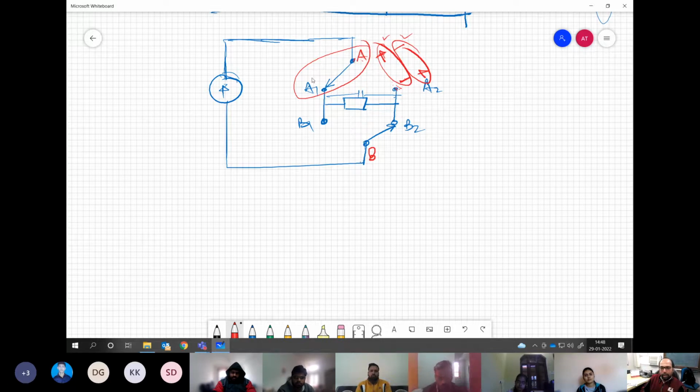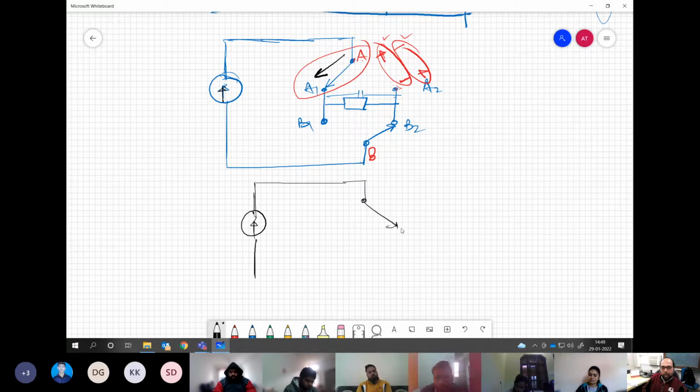Whereas when you are connecting A and A1, the direction of current is fixed. It cannot be any other direction because we have current source over here which is having just one direction. Similarly, if you draw the other connection, this part I am not disturbing, only I am changing this A to A2.